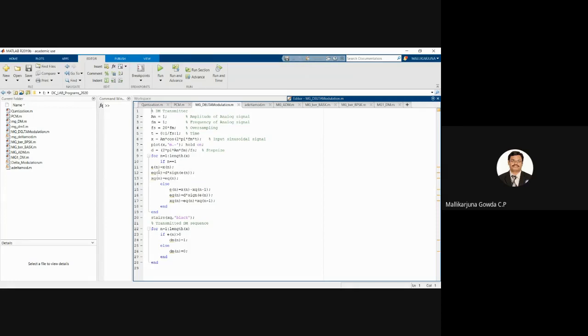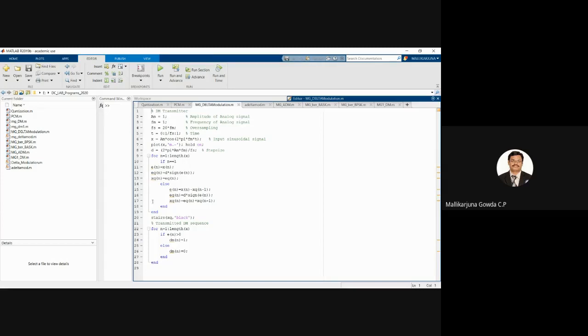When the difference is positive, I should get plus delta. When the difference is negative, I should get minus delta. Is that clear? So I am assigning that value to the quantizer output, XQ of n is equal to EQ of n. This is when n is equal to 1.